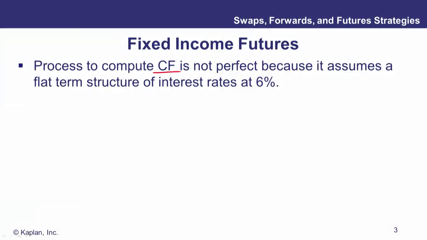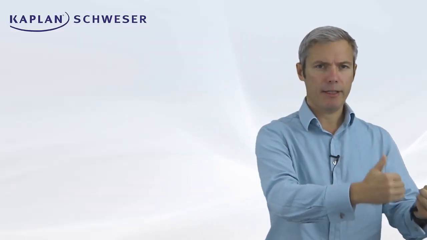However, the way this conversion factor is set is not perfect. It does assume that interest rates essentially are 6% across the whole curve when they're thinking about how valuable the underlying actual deliverable bond is versus the notional bond, the 6% bond. And that's not necessarily true. Yield curves are not necessarily flat.